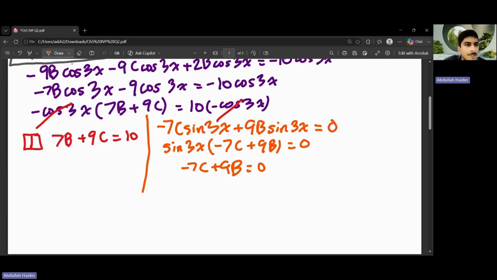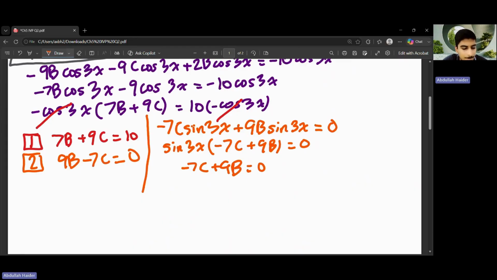So we have our second linear system of equations. Better to write it like this, 9b minus 7c is equal to 0. Now I'll use my calculator to find b and c quickly.